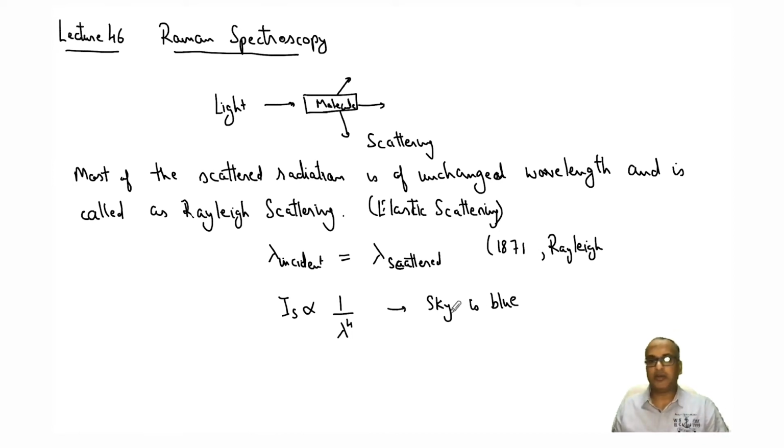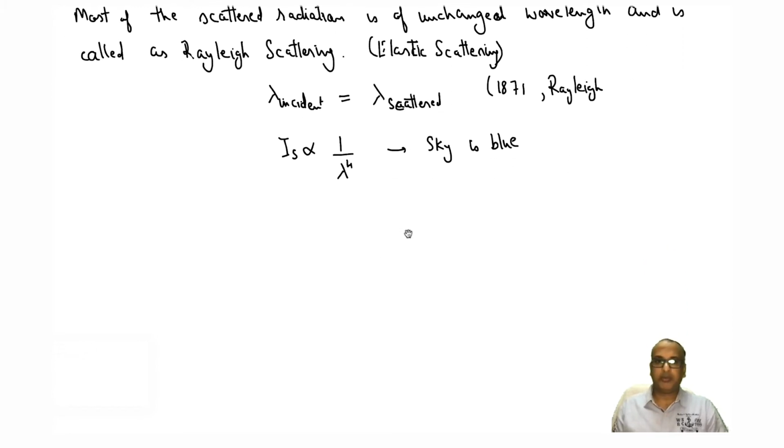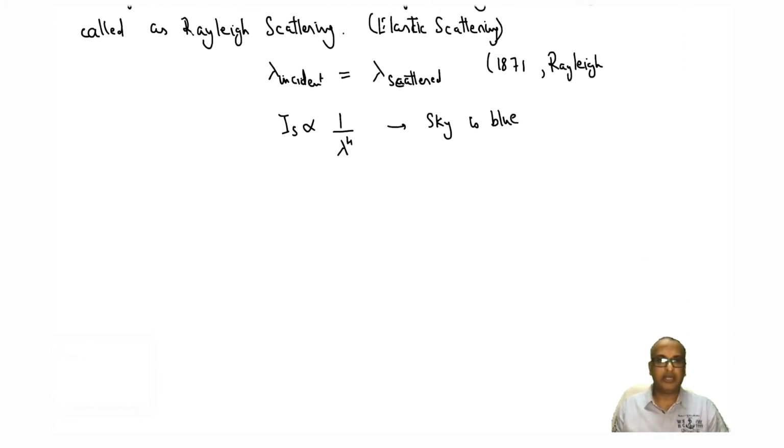So try to read more about this Rayleigh scattering. We are not going to go into more details of why the sky appears blue and all. Or you must have seen this in some course, right? Okay. So now let us discuss what is Raman scattering.